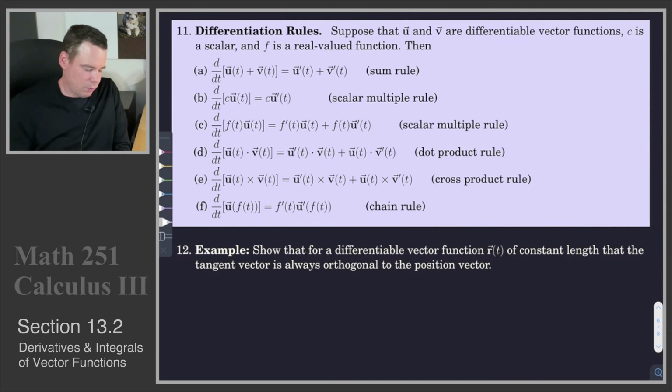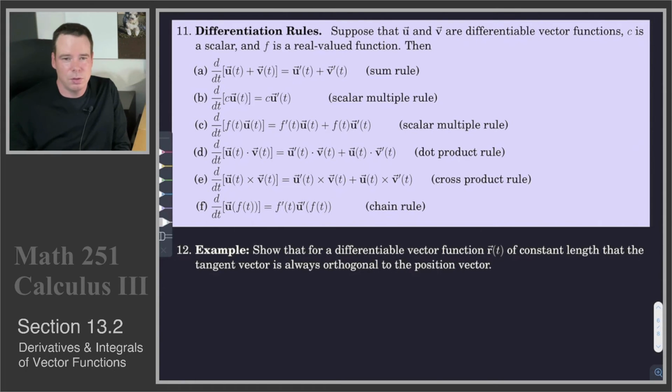We've got a couple of different products because there are different ways to take products using vectors. We can take a scalar times a vector. That's property C. It says that we can use the scalar multiple rule, which says it's the derivative of the scalar times the vector plus the scalar times the derivative of the vector.